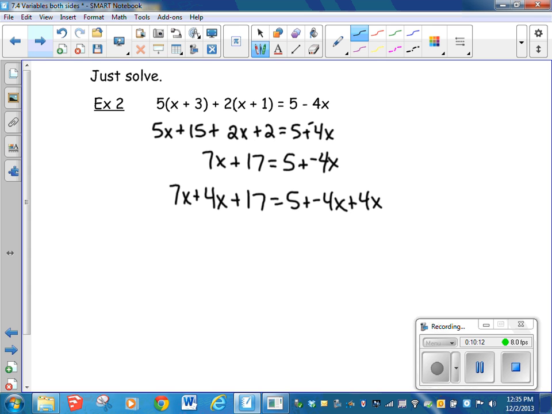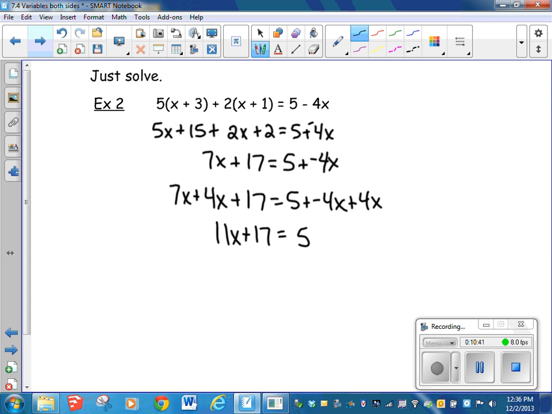Now, when we simplify, we should have variables only on one side of the equation. What does the left side over here simplify to, Erna? 11x plus 17. Good. And what does the right side simplify to, Logan? 5. Just 5. We're close now. We're getting near having that x by itself.